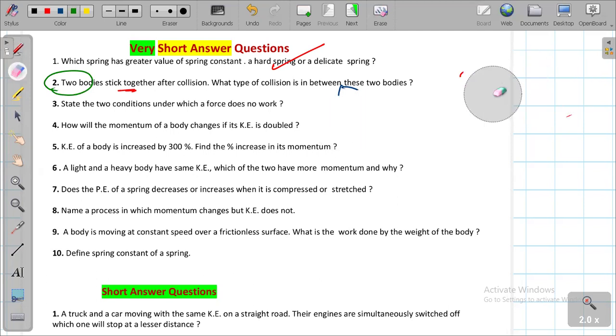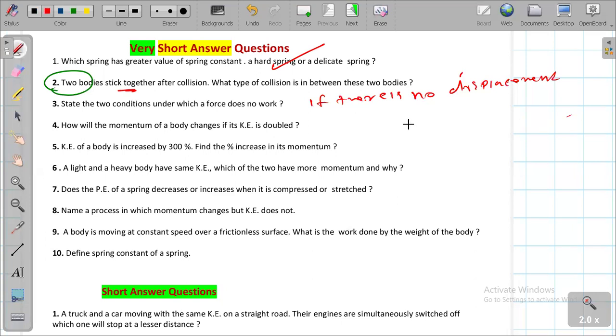State the two conditions under which force does no work. If there is no displacement. Like you are trying to just push a mountain, you apply a force, but there is no work.